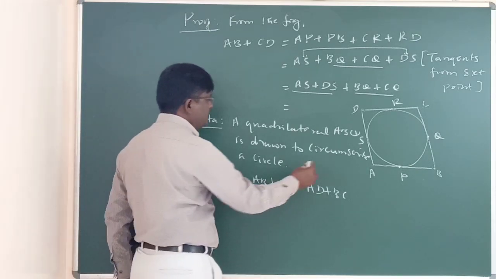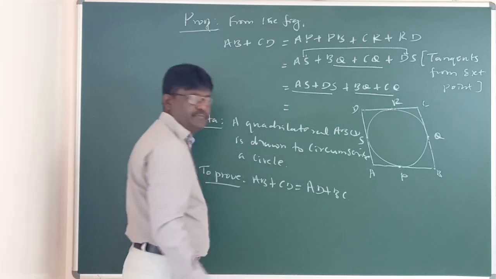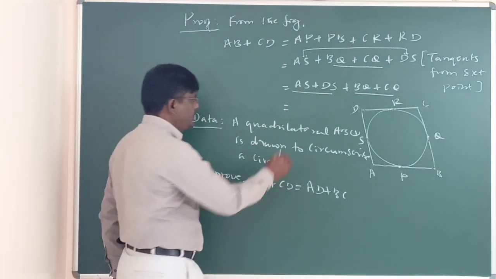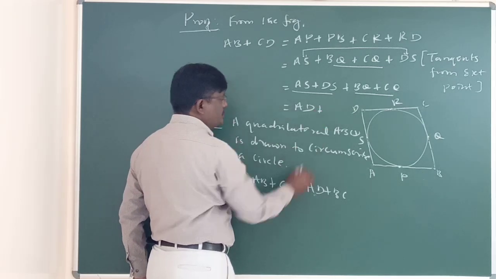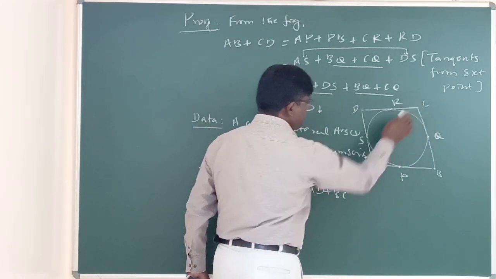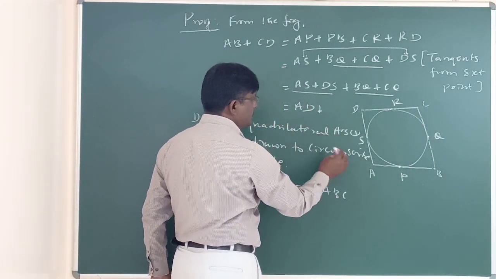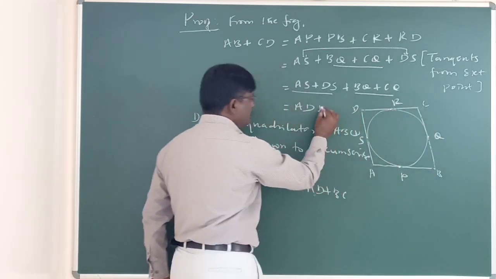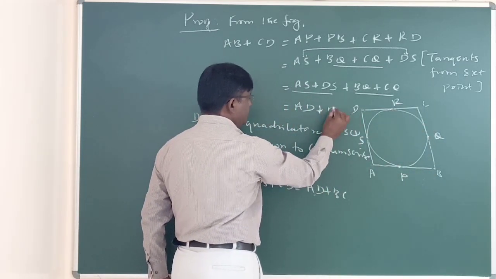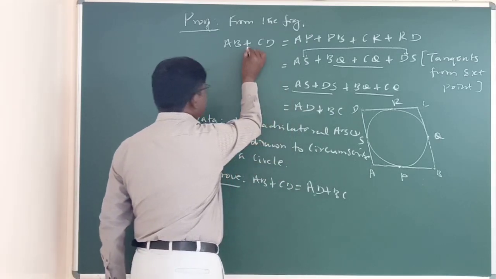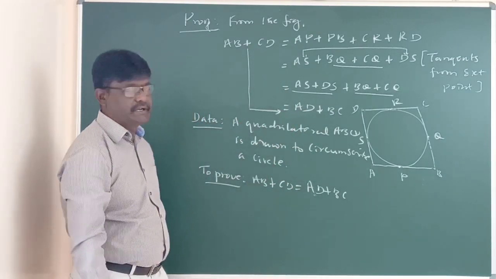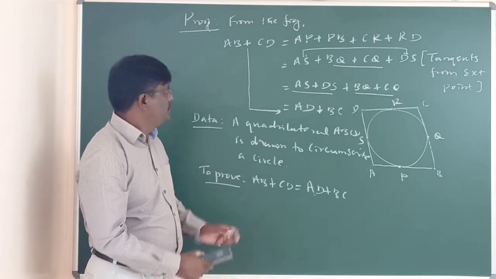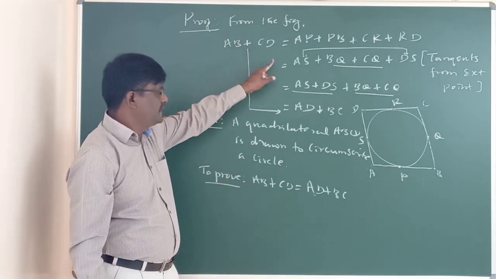AS plus DS is AD. BQ plus CQ is nothing but what? BQ plus CQ is BC. So thus we started with LHS and finally we got what? RHS, AD plus BC. Thus AB plus CD equals AD plus BC.